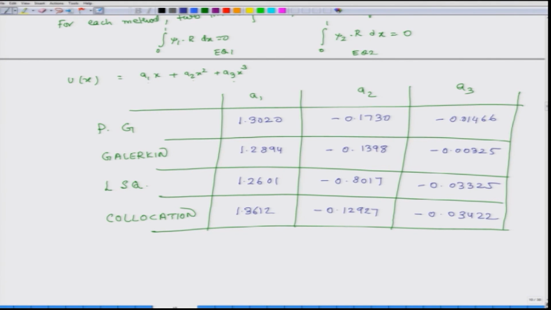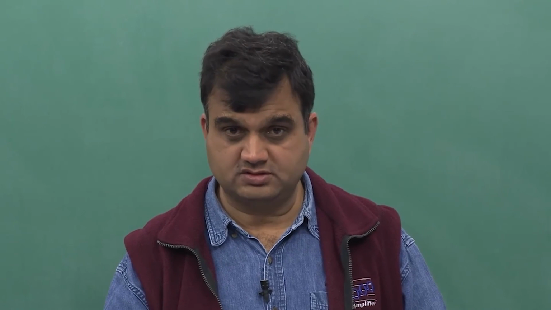What you see is that the first term parameters are pretty close to each other, and if you keep on increasing the number of terms in the solution, all these solutions will slowly converge to the same value. In this particular case, if you compare the results with the exact solution, you will find that this method gives the best solution, but that may not necessarily be the case for all problems.